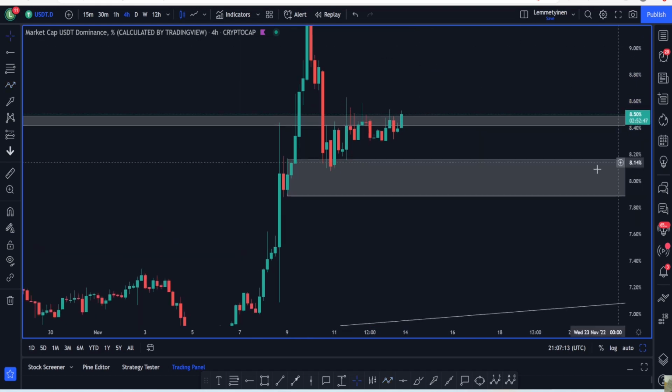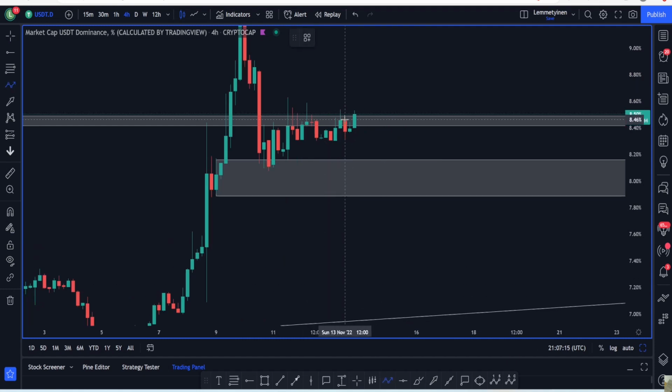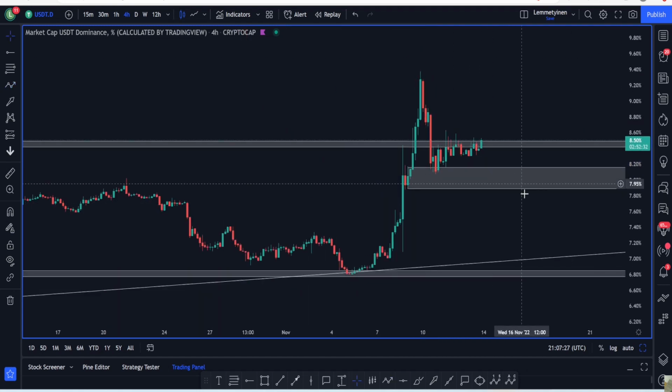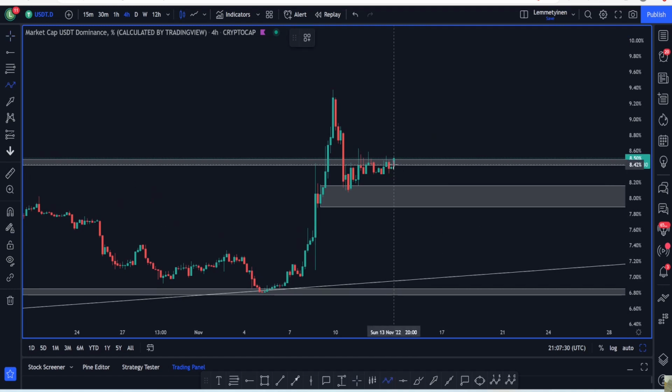If the market continues being bearish, you can see the market potentially drop down to 8.16% or potentially 7.89%. And from here we'll see if the market continues to drop, or if this is where we see the market only give us a Fibonacci level for a continuation to the upside. So this is what we are seeing right now on USDT.